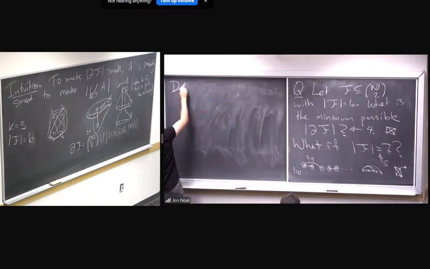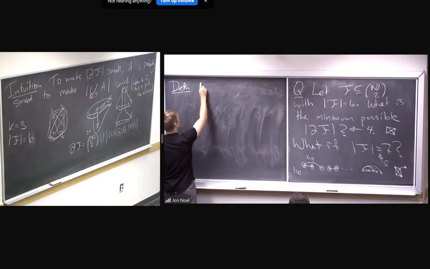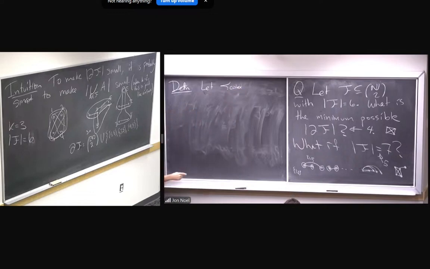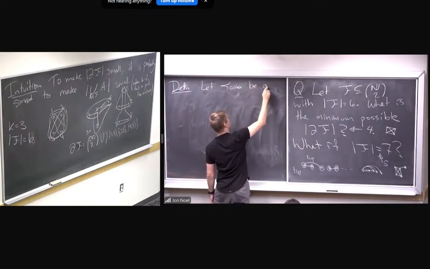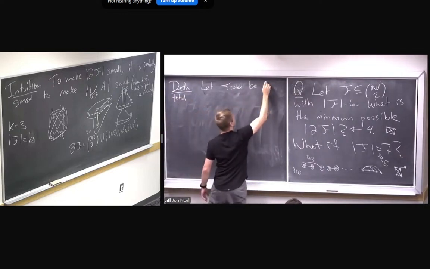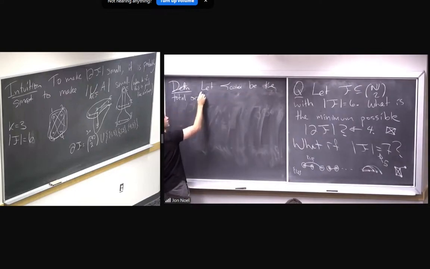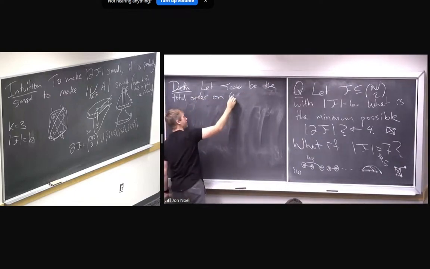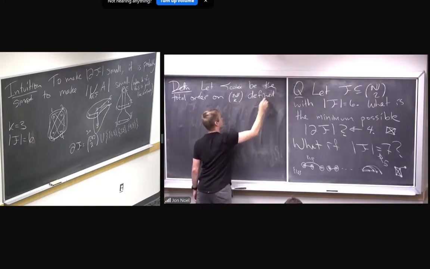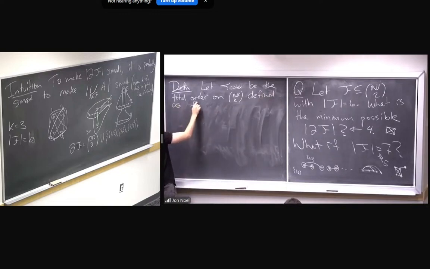So, definition. Let me write a curly less than symbol with colex down here, be a total order on n choose k, defined as follows.